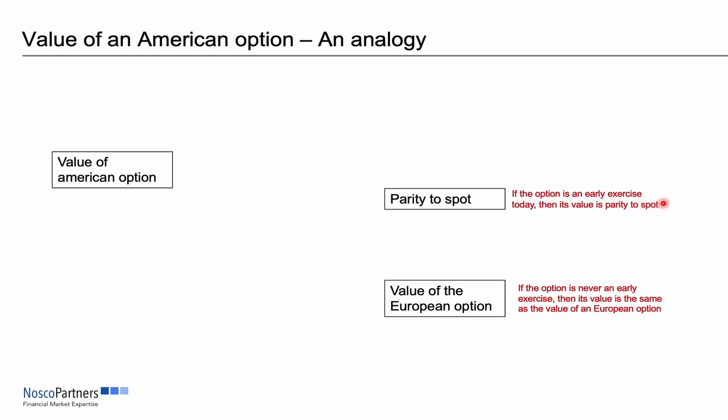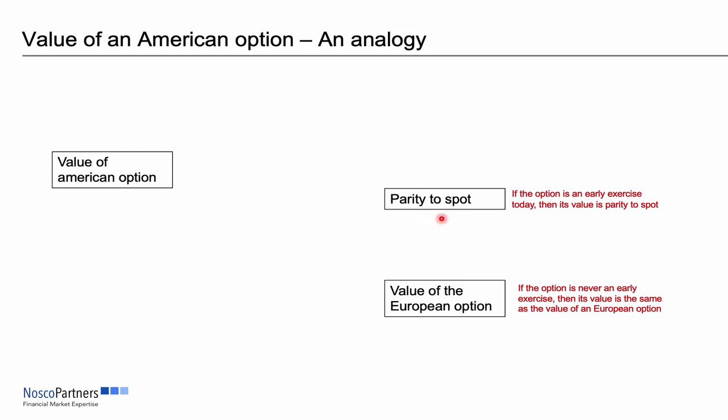Now, the value of the American option equals the value of the European option if we know that the option will never be an early exercise. The American option will be parity to spot if we know that it's an early exercise today.